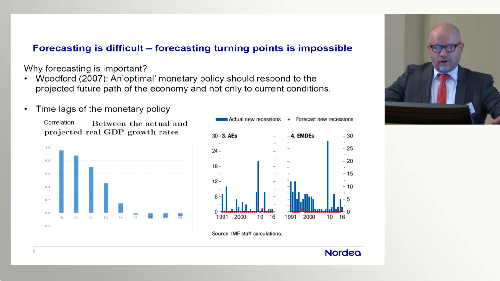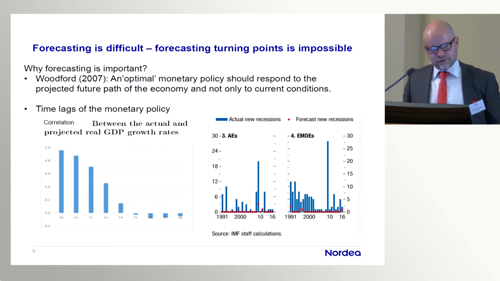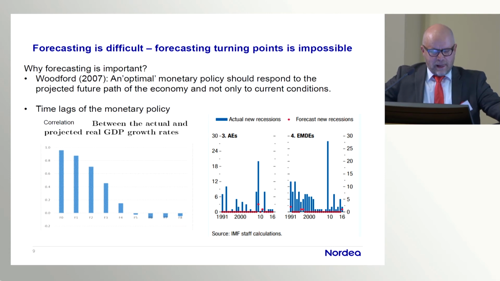One is about forecasting. Optimal monetary policy should respond to the projected future path of the economy, and because monetary policy has such long time lags, forecasting is especially important for you. In your paper, you show that your forecasting ability falls quickly after the fourth quarter, so you don't really see what is happening a year from now. This is not only your problem, it's a common problem in our industry.